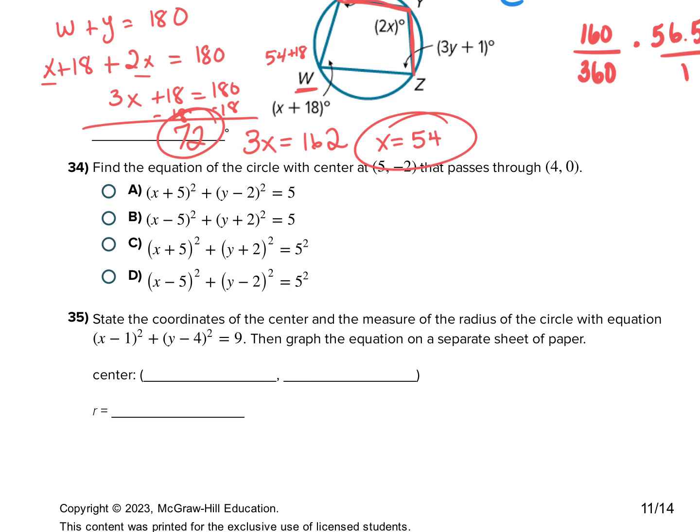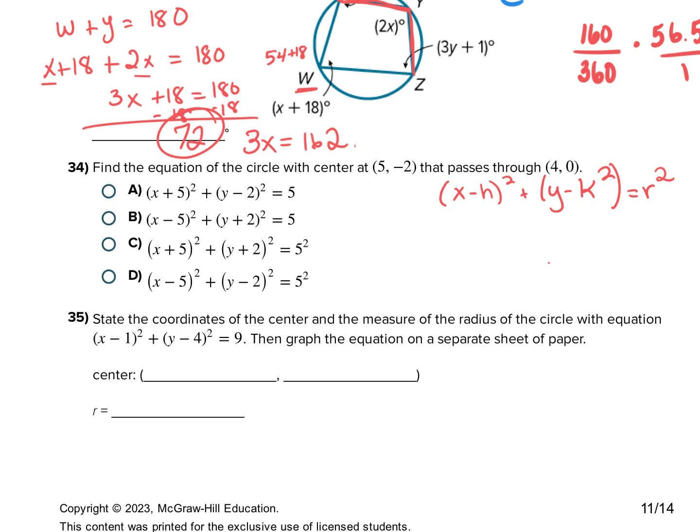Our last two questions deal with the equation of a circle. Equations of circles are, I will give you the equation, but essentially it's x minus h squared plus y minus k squared equals r squared.